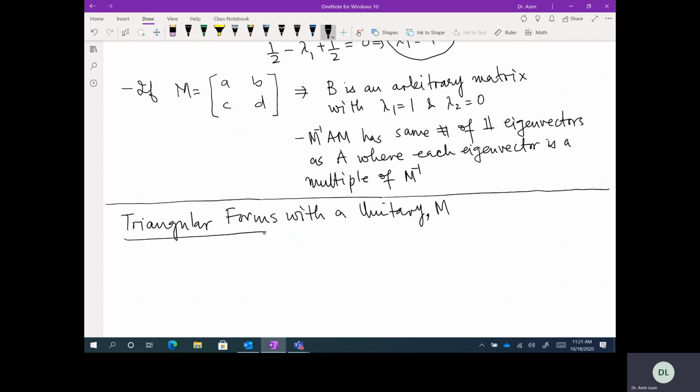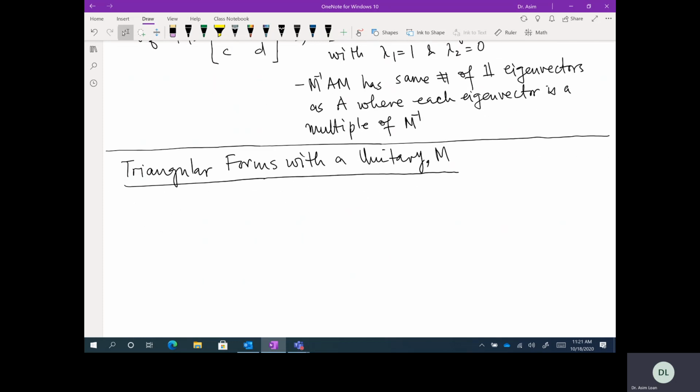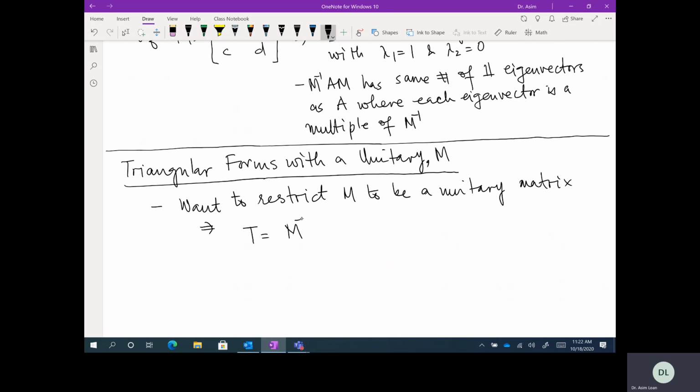So this is no ordinary M. So M transpose M is an identity. So we want to restrict M to be a unitary matrix, which implies T equals M inverse AM, and this T is triangular.